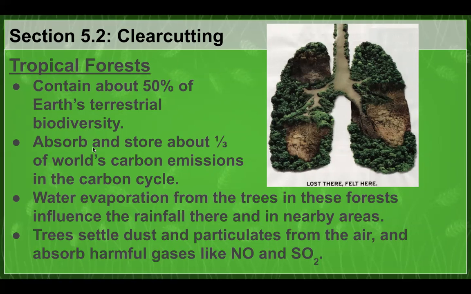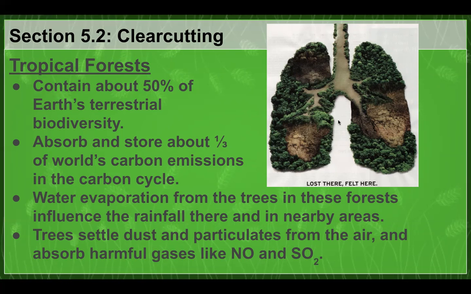Not only that, but they are also vital for taking in and storing so many of the carbon emissions throughout the world. So not just the carbon dioxide in the atmosphere, but the carbon emissions that humans directly release into the atmosphere. The tropical rainforests are actually doing the job of taking it in, and then, obviously through photosynthesis, releasing oxygen.